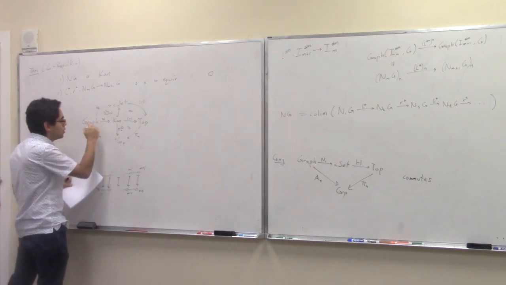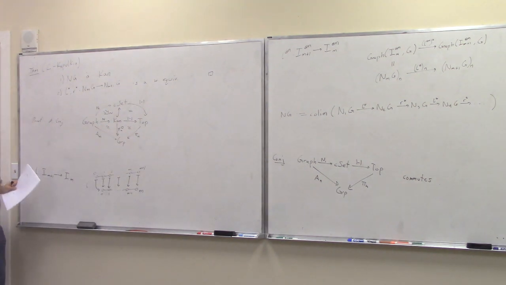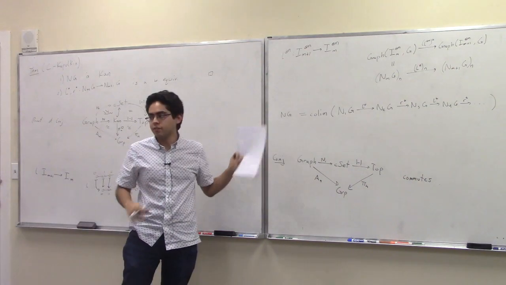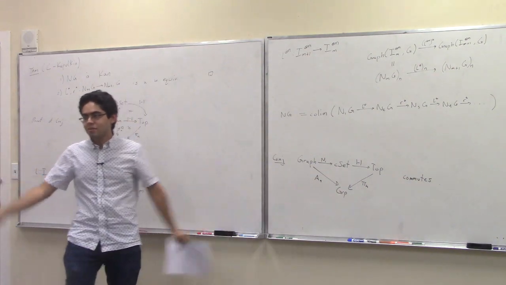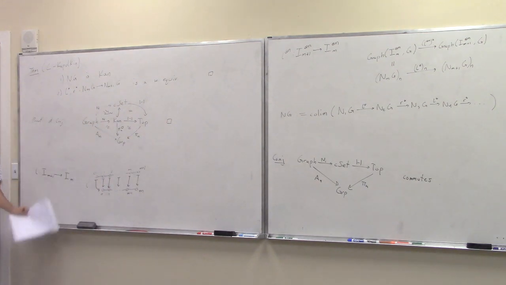And this other triangle commutes just by unfolding the definition, a very simple computation. But now you're done. We've just proved the conjecture, that this thing commutes.